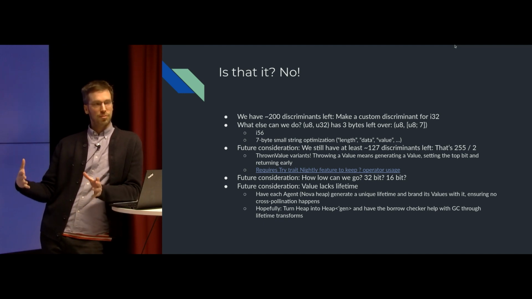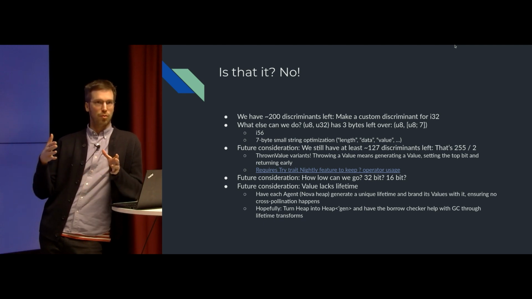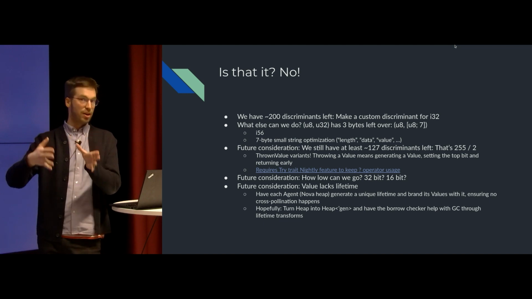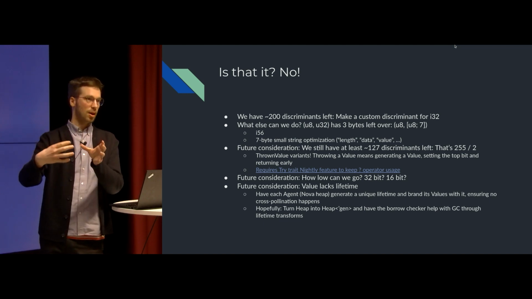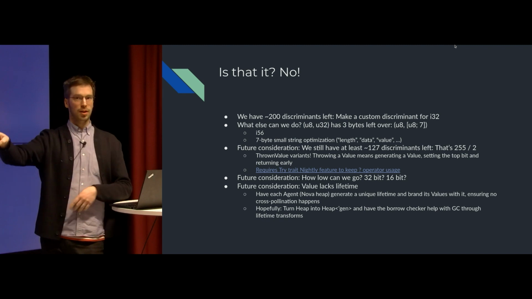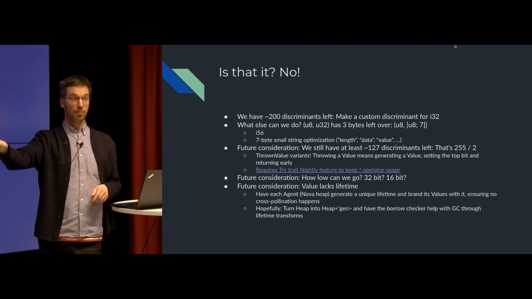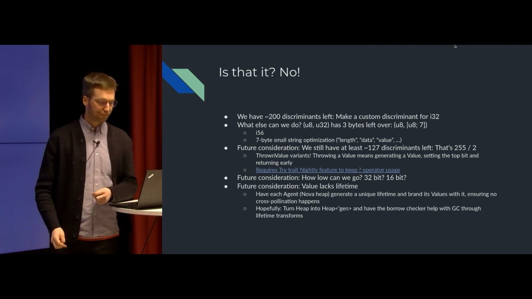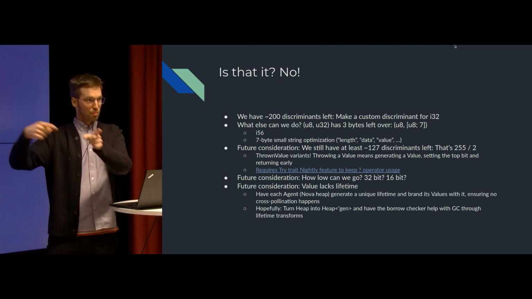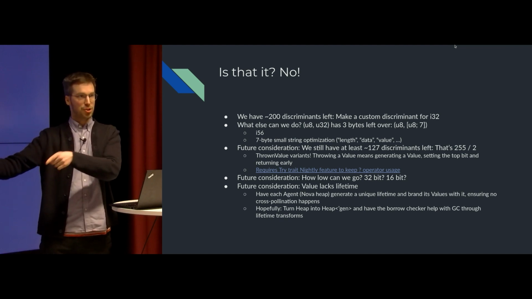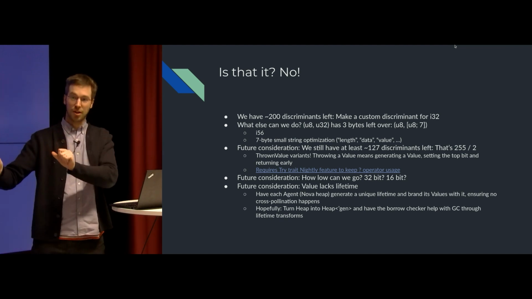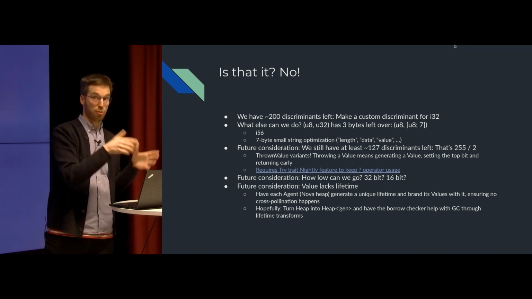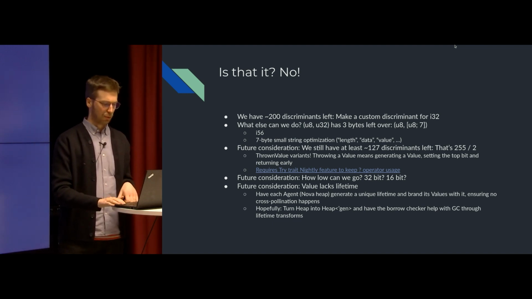Because if our GC algorithm is written as, I give you a heaped, generation lifetimed item, you return me an item of the same type with a new lifetime that I give you as parameter, then you basically are forced to do that transformation from old lifetime to new lifetime, and we're just going to essentially be assigning your given value to the place where we got the old value from. So that would be kind of nice.